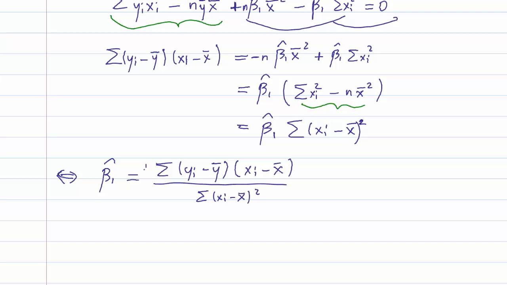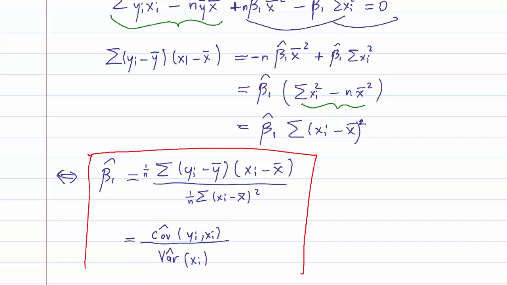I can multiply the top part by 1 over n and the bottom part by 1 over n. So it's equal to the formula of the sample covariance, cov hat yi xi, and at the bottom is the formula of the sample variance, var hat x. And these are two important results.